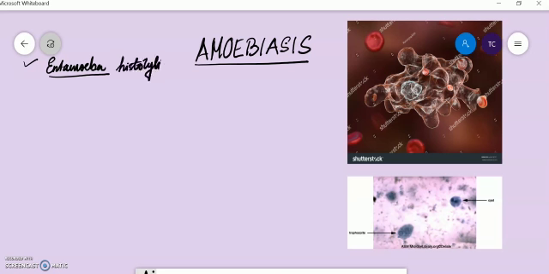Before I move on to the details of Entamoeba histolytica, we first need to differentiate between diarrhea and dysentery, since we are discussing diseases of the gastrointestinal tract. We have loose motions or diarrhea, and there is another spectrum, dysentery.